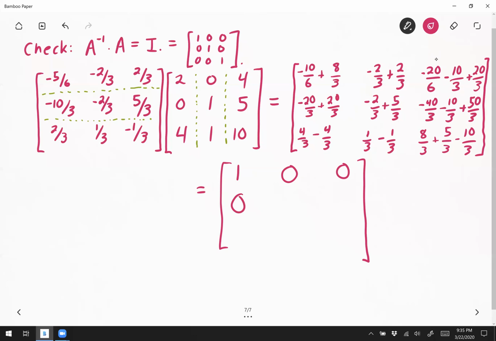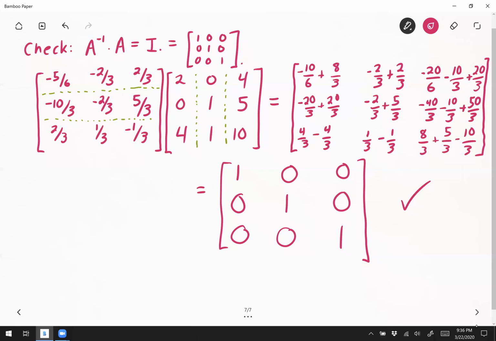The middle is 3/3, which is 1. Minus 40 minus 10 plus 50 is 0. Bottom row, so 0 is 0. I've got 8 plus 5 is 13, minus 10 is 3 over 3, which is 1. Hey, that's excellent. So we're absolutely positive that this matrix is correct.